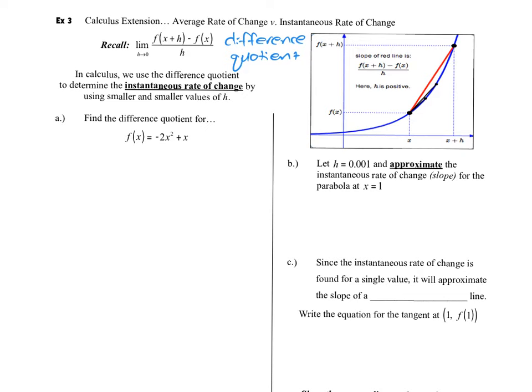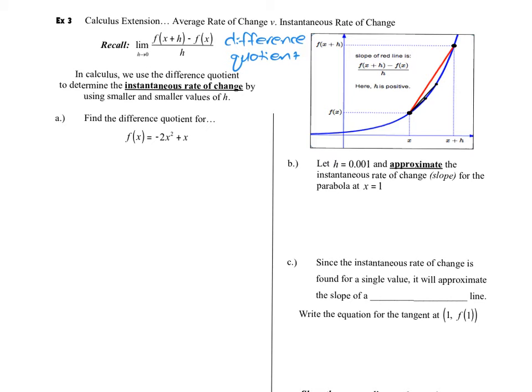So we're going to imagine these two points, some point plus another point that's farther away, and then we're going to let this h value get smaller and smaller. As it gets smaller and smaller, our point is going to move closer and closer to our original point. So let's look at the algebra on that and how that's going to help us.